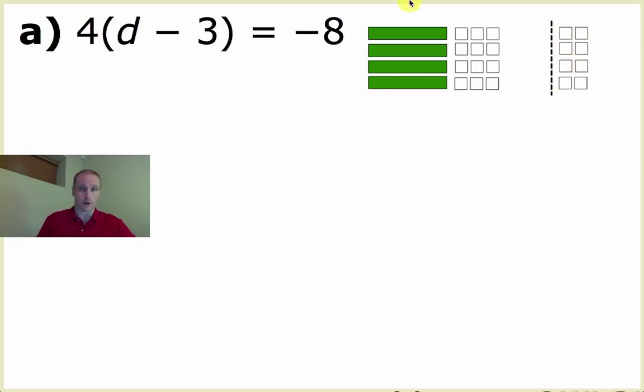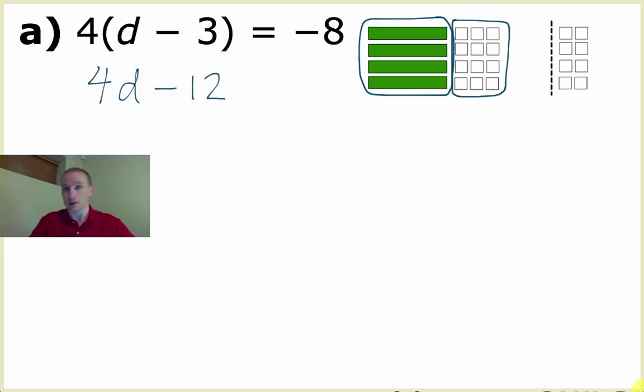And so there's what our model looks like in the first place. Now, you may have noticed that the first set of tiles on the left, we've got 4 d tiles. Then we have negative 12, and then of course we have the equals and we have negative 8 on the other side of the equation.